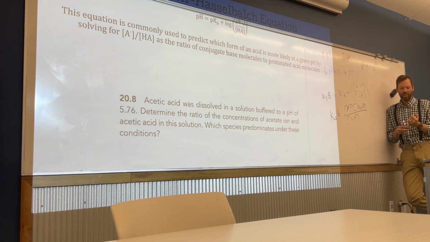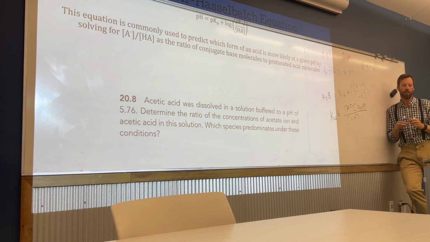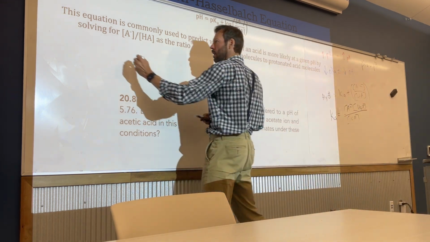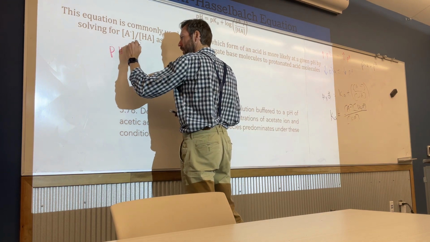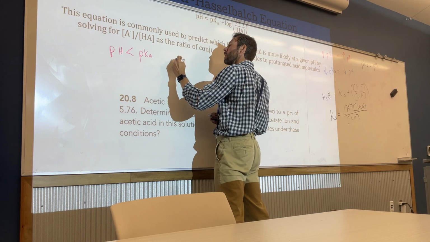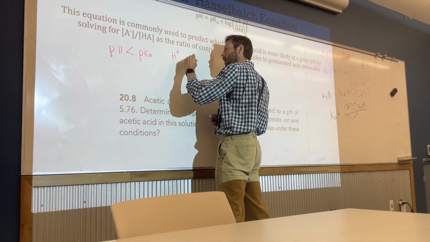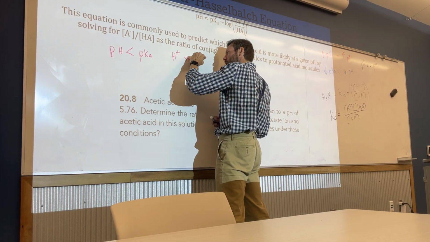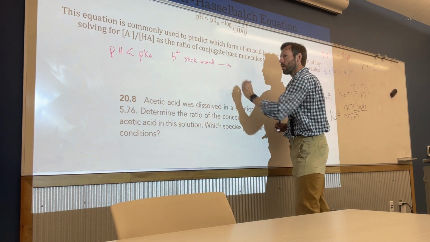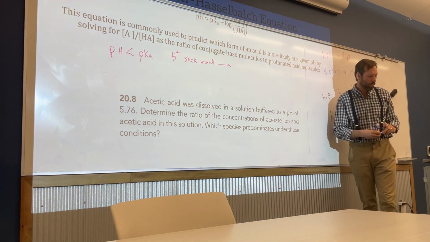So what you need to know there is that if pH is less than pKa, those hydrogens are going to want to stick around. And if they stick around, what form is going to predominate?